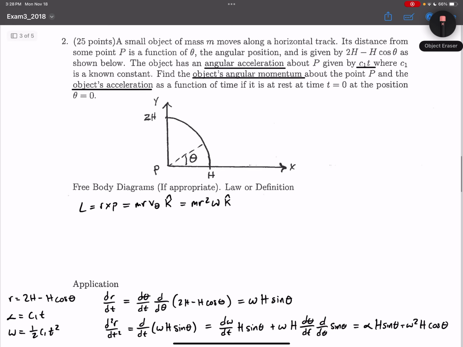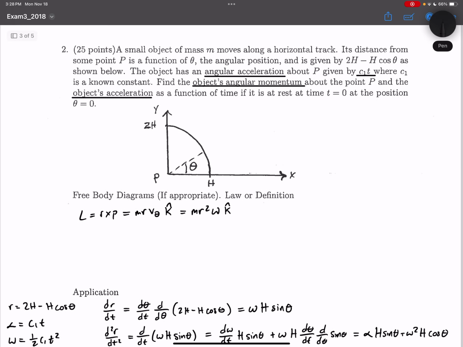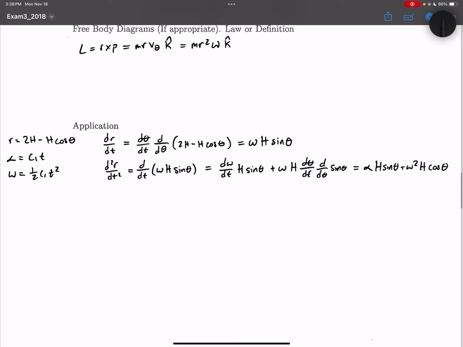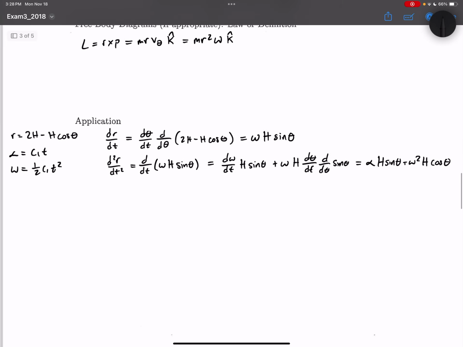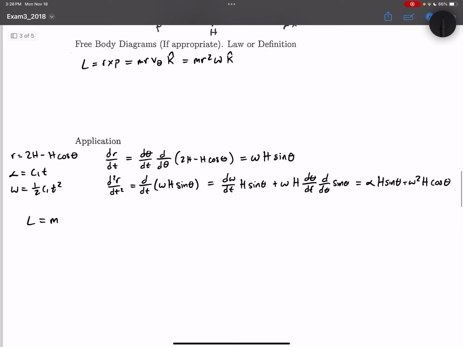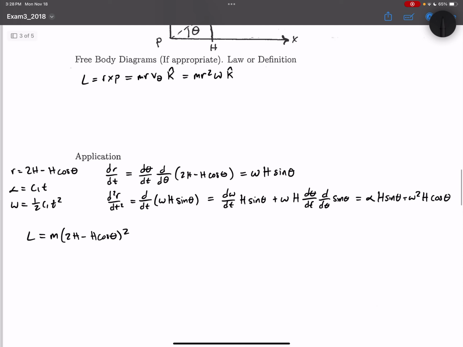Now we can start plugging this stuff in. Angular momentum is just going to be mass, which we know, times the radius, which we also know, so 2h minus h cosine theta squared, times omega, which is 1/2 c1t squared.